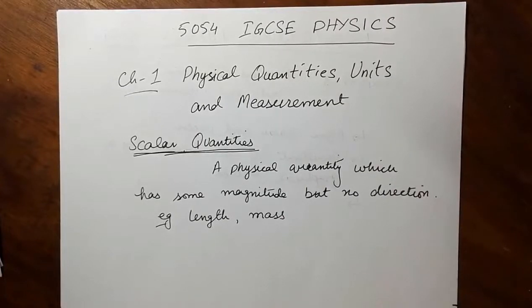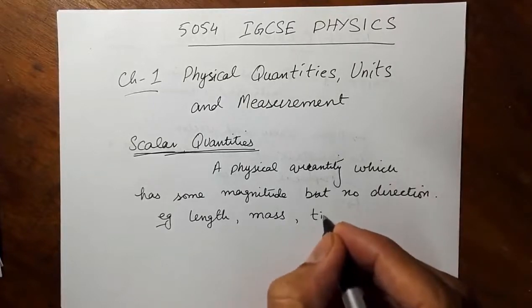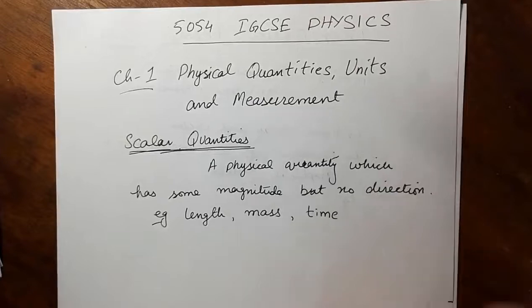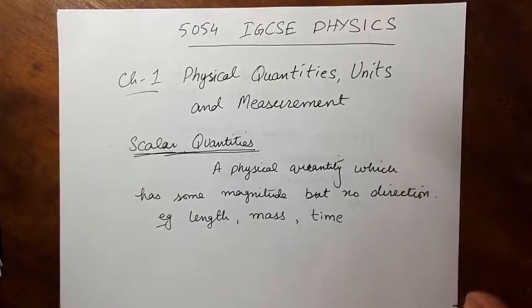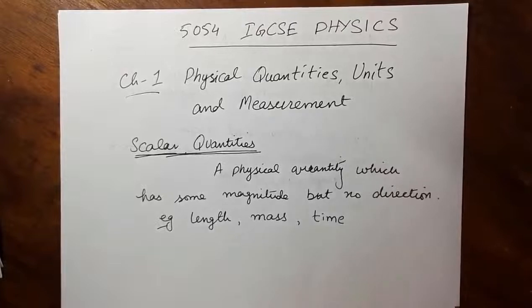We can say the mass of an object is like 5 kg, 10 kg or 15 kg, but we cannot determine its direction. So mass is also a scalar quantity. Another scalar quantity is time. We can say you have like 10 seconds to do this task or you have 15 seconds to do this task, but we cannot determine the direction of the time, where the time is going. So time is also a scalar quantity.